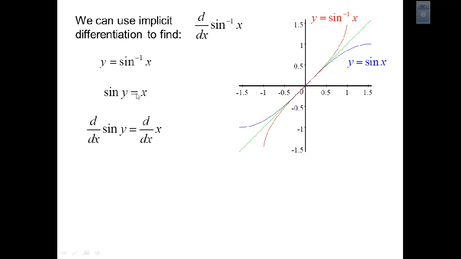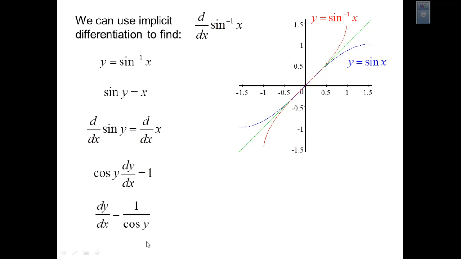So then we can implicitly differentiate both sides. That means that if we take the derivative of this side over here with respect to x, we're going to have to include a dy dx. So we're going to end up with cosine y dy dx. And the derivative with respect to x of x over here is just going to be 1. So that means that dy dx equals 1 over cosine y.